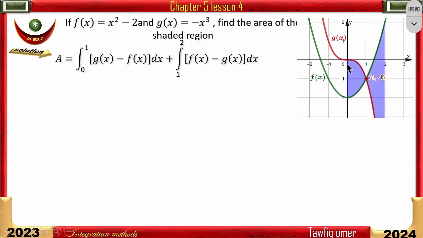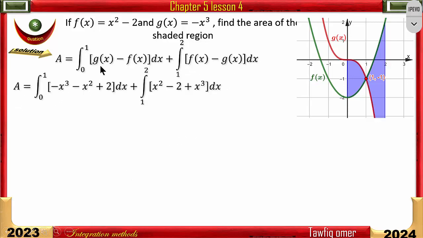At interval 0 to 1, the graph of g of x is over the graph of f of x. That means the value of g of x is bigger than the value of f of x. And at interval 1 to 2, the graph of f of x is over the graph of g of x. Because of that, the integration is f of x minus g of x.